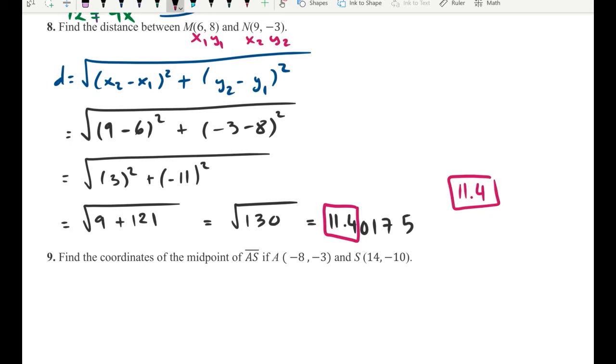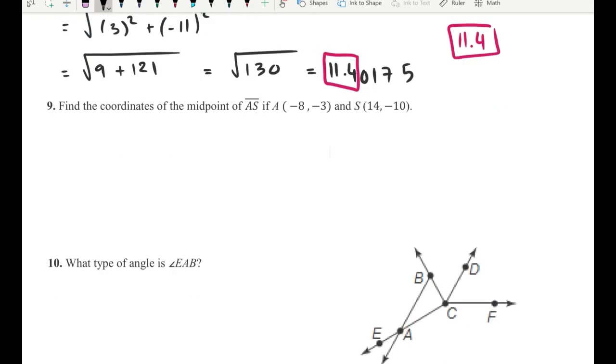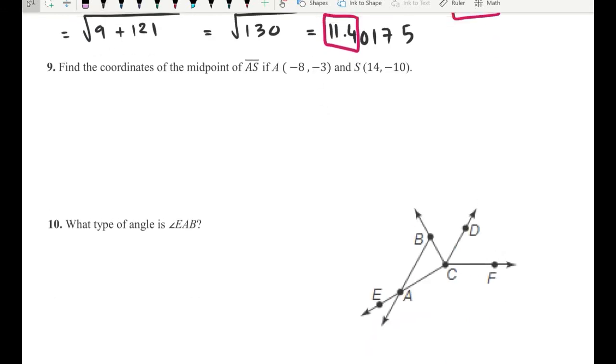Alright, so we go down to number 9. Number 9, the coordinate of the midpoint of A and S, if A is (-8, -3) and S is (14, -10). So they ask you to find the midpoint. Okay, so the midpoint formula. Midpoint is something in the middle, so it's the average of the x values and the average of the y values.